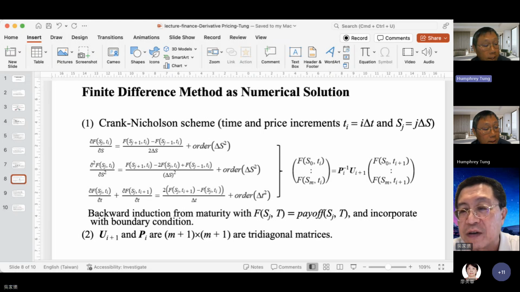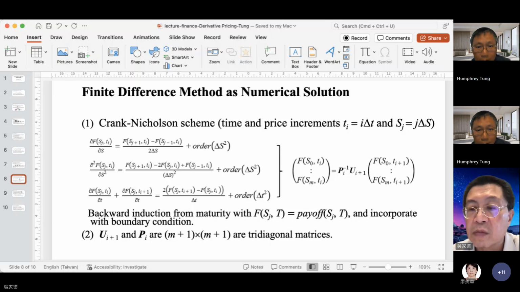You can try. As I talked to you before, I can show you how P and U look like. It's actually not quite complex, but it is complex in the way that it also depends on volatility.